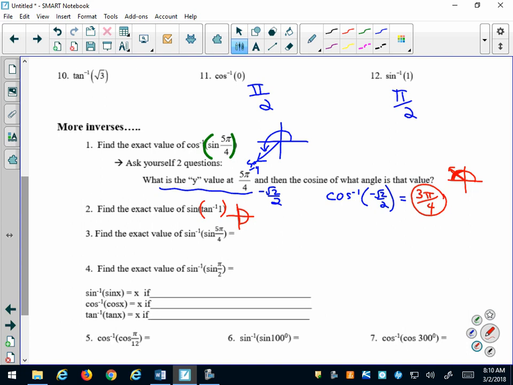So again, we're dealing with a pi over 4. So now the question becomes, what is the sine of pi over 4? Right, because this turned into a value of pi over 4. So what's the sine of pi over 4? Root 2 over 2.